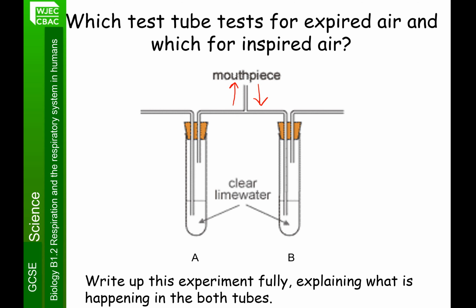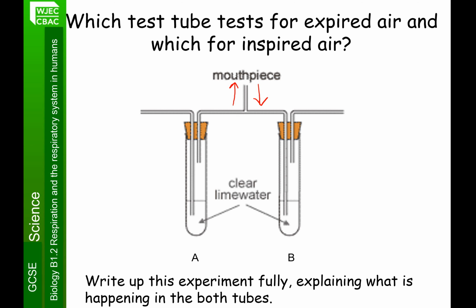So just take a moment, see if you can predict, just by looking at the diagram, which of those tubes, A or B, is going to bubble when you blow out. Think about when you're a child and you have a straw for the very first time and you blow out through it, and it makes whatever drink you've got in front of you bubble. So which tube is it? And if you imagine breathing in through the mouthpiece, which of those tubes do you think is going to bubble?